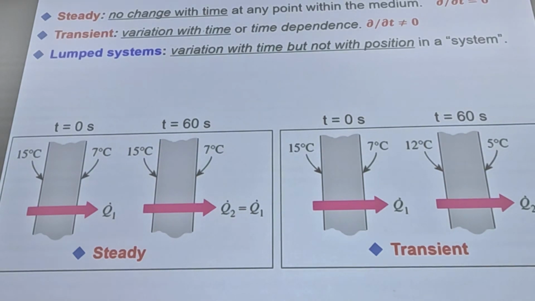And something we talk about with the lumped system, which means it varies with time only, but not with position. 它的温度变化只跟时间有关，跟位置无关。So, for example, a relatively small metal ball compared with a big brisket in your oven, the small ball will be considered a lumped system, but a frozen brisket isn't.